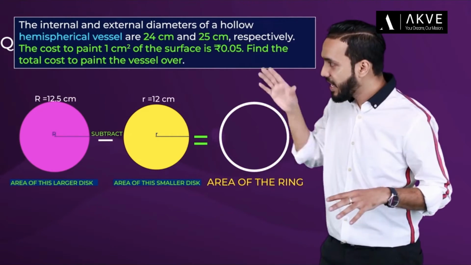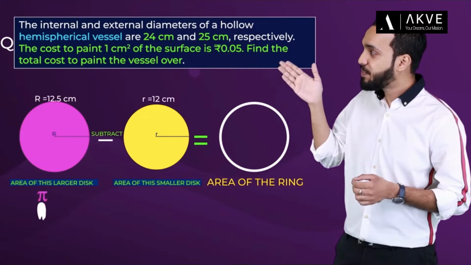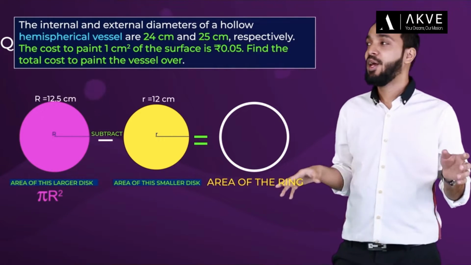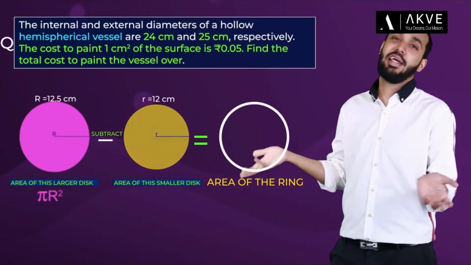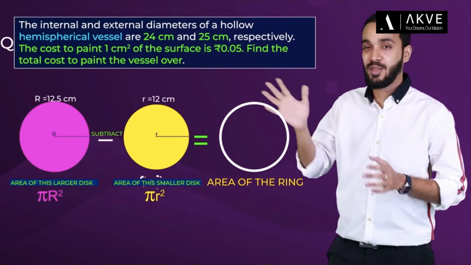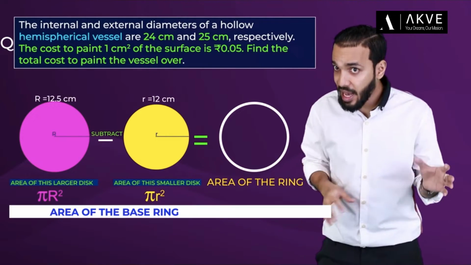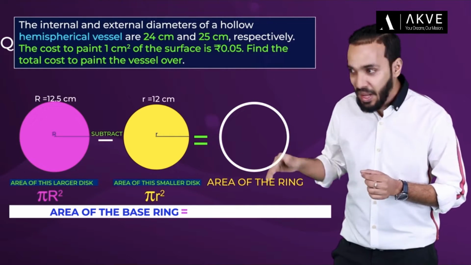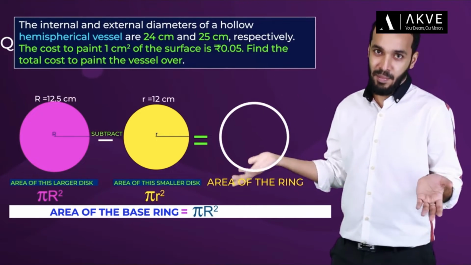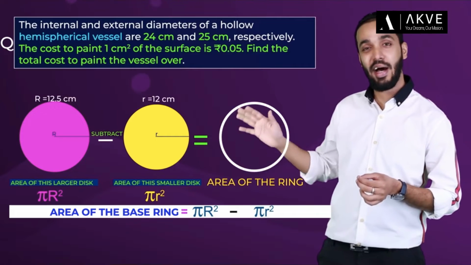So, the area of the big disc is of course pi capital R squared, and that of the small disc is evidently pi small r squared. So, the area of this ring is equal to pi capital R squared minus pi small r squared.